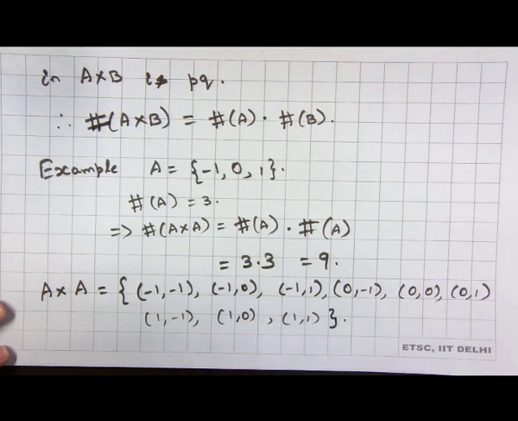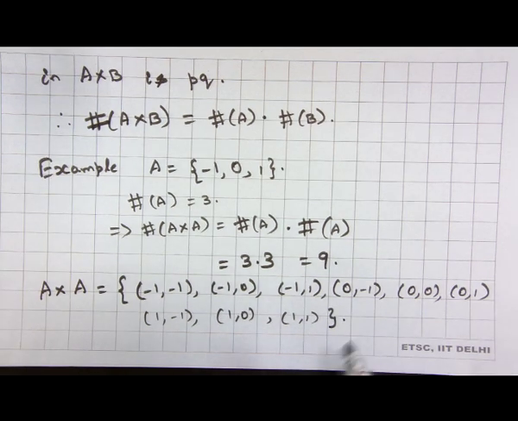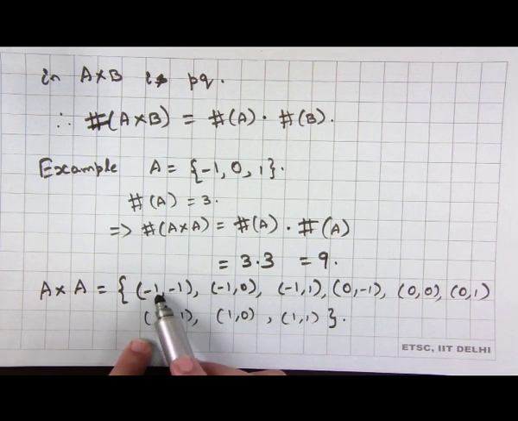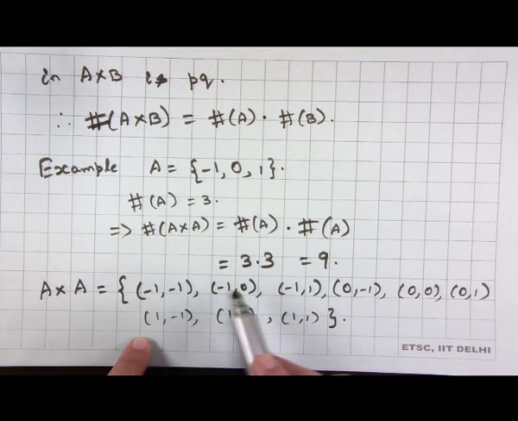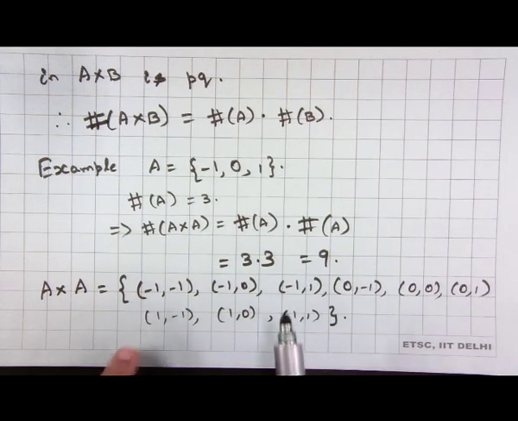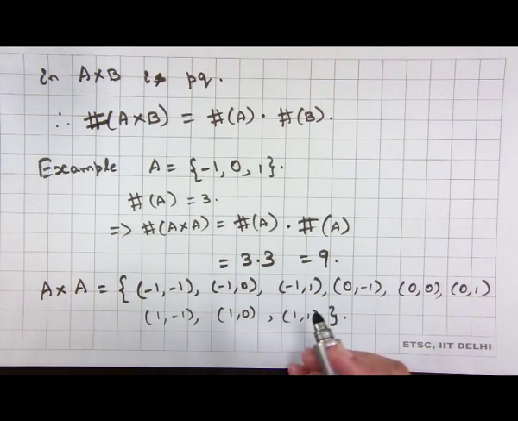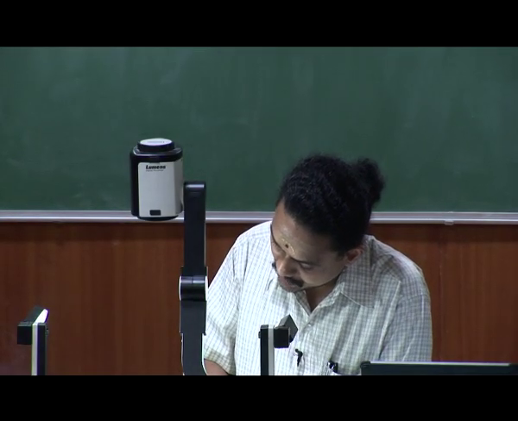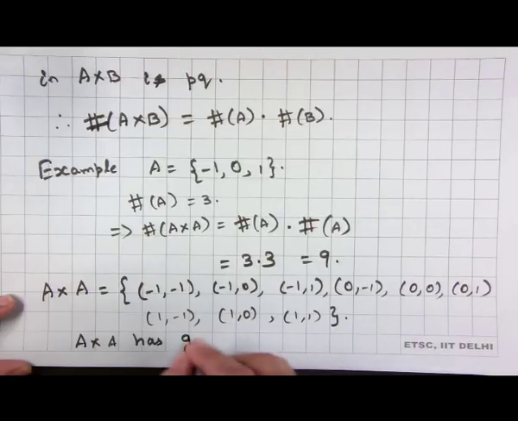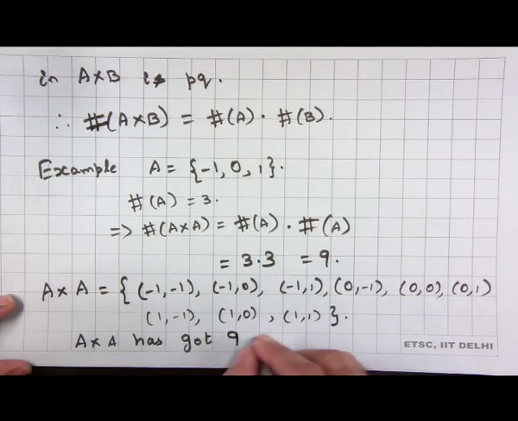Let us count the number of elements. You can notice that with each element we are pairing together with another 3 more elements, thus we have ended up with 9 elements. So, A cross A has got 9 elements.